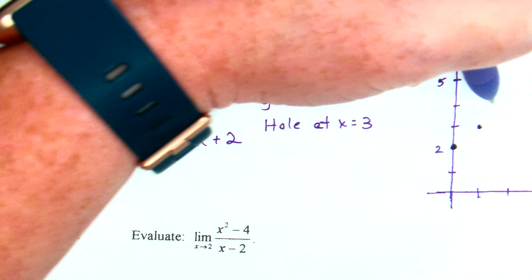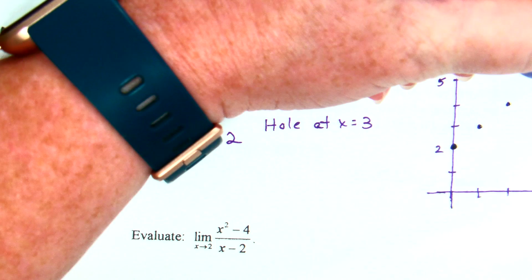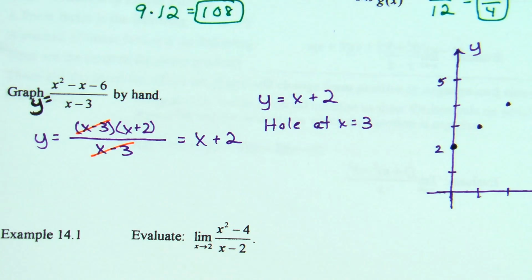So slope of 1 means I'm going to rise 1, run 1. Except what happens when I get to 3? I'm going to put a hole instead of a dot. Except you can't see the hole I put because it's off the screen.